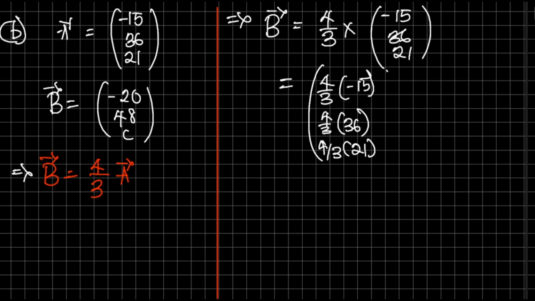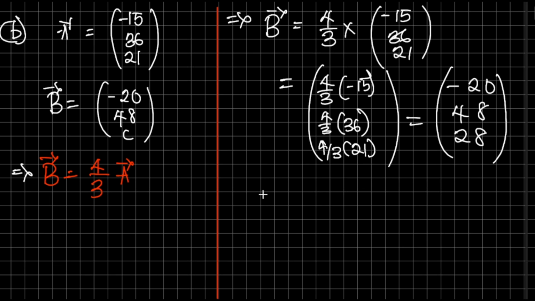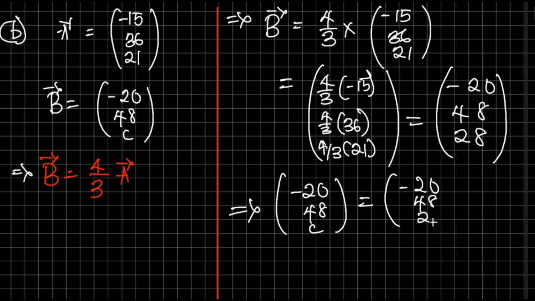Okay, and that will be equal to, 3 in 15 is minus 5, so we have minus 20. 3 in 36, that is 12. 12 times 4, that is 48. 3 in 21, that is 7. 7 times 4 is 28. So if we compare the values, we have minus 20, 48c equals minus 20, 48, 28.